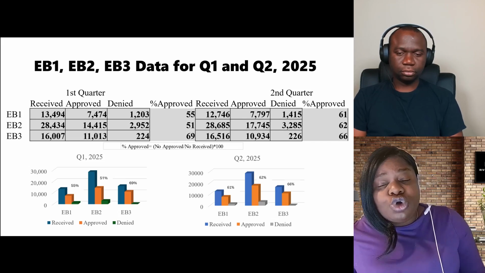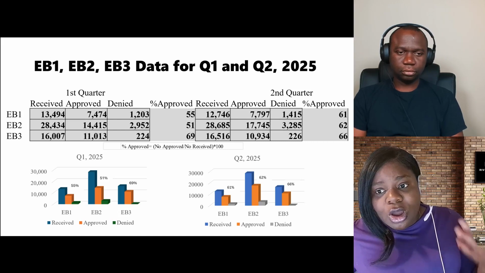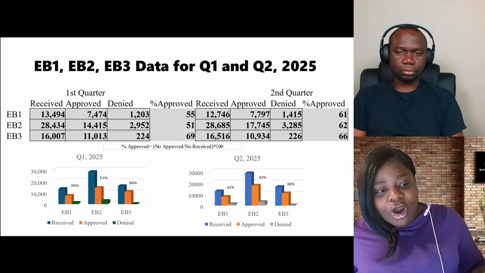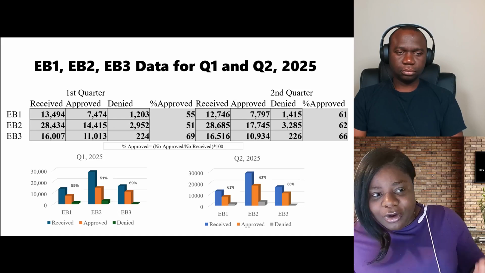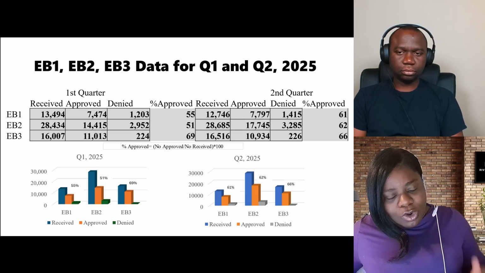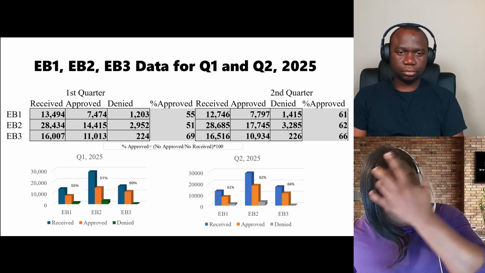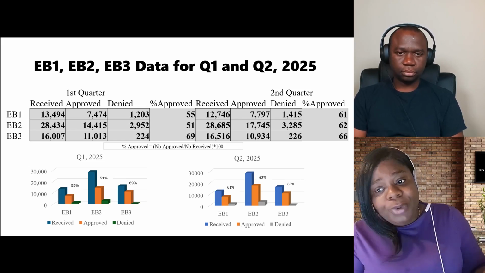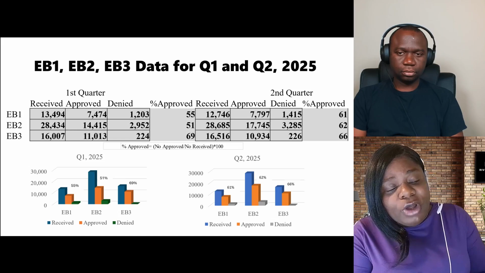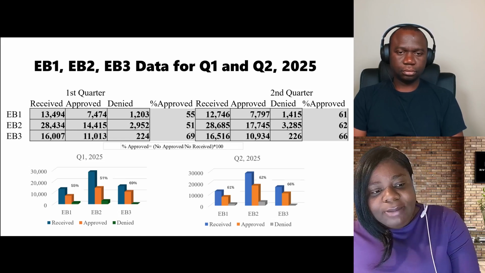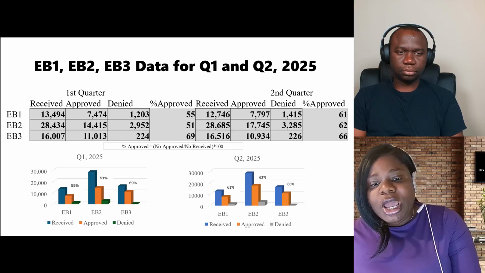Here blue is the total number of EB2 applications that were received by USCIS, and orange is the number of approvals. Of course, approval is lower than the total number received. They only approved 51% compared to the total number of cases that were received in Q1, and 69% here for EB3.